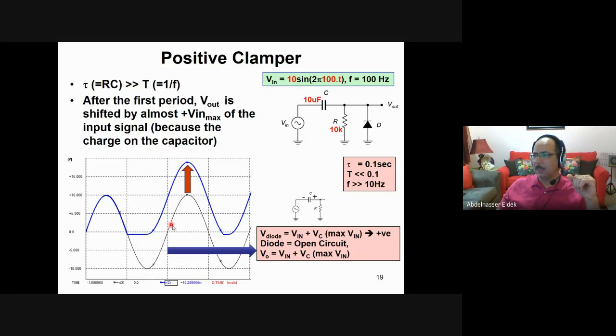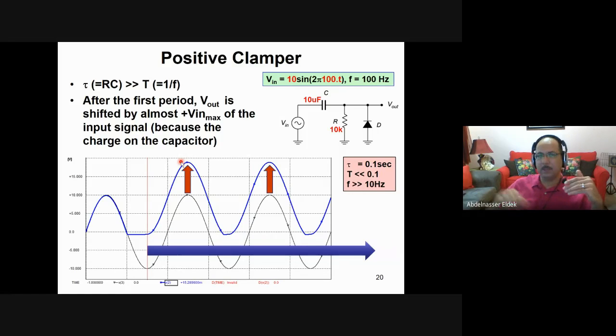That's why the voltage across the diode equals 10 volt plus this voltage, whatever the voltage is. So you add 10 volt to this one here. As you see here, the maximum is not exactly 20 volt because there was a voltage across the diode when it was short circuit, negative 0.7 volt. And this is the idea of the clamper.